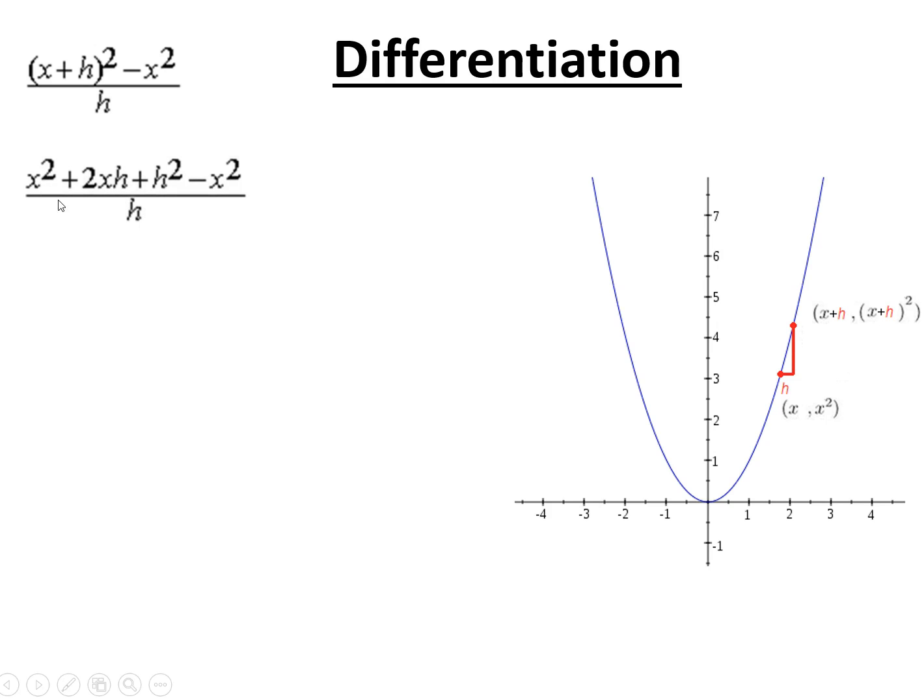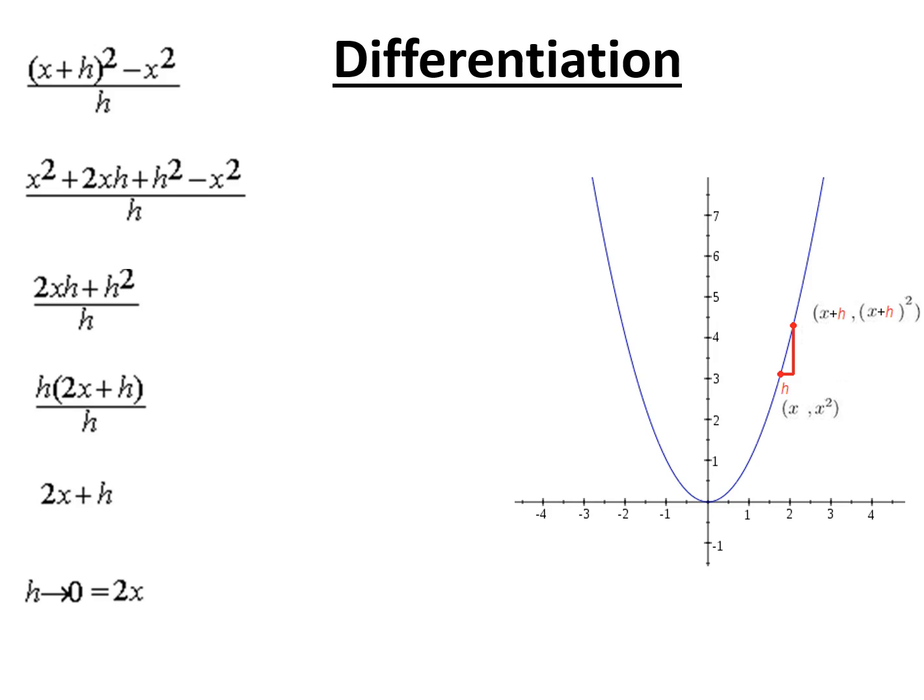Then we multiply out x squared plus 2xh plus h squared minus x squared, and we simplify it down. 2xh plus h squared over h, because the x squareds cancel, h times 2x plus h all over h, 2x plus h, and when you differentiate you take it as an infinitesimal difference, so as h tends to 0 this just tends to 2x. So that's just a quick little proof that x squared differentiated is 2x.